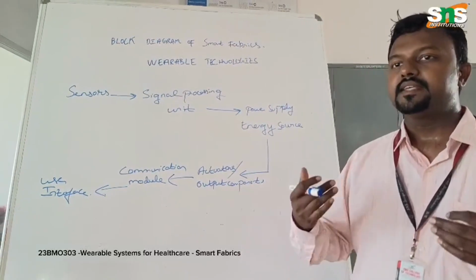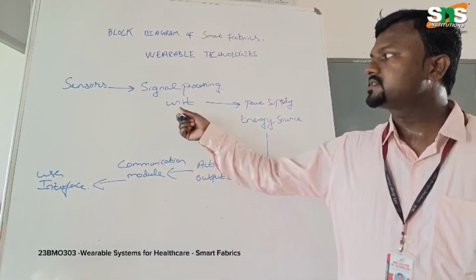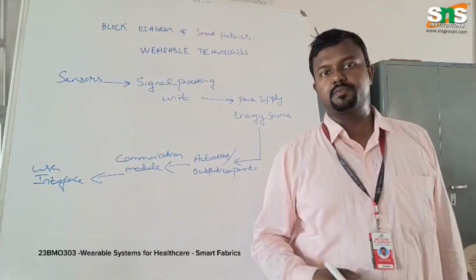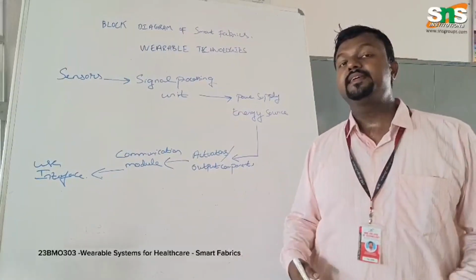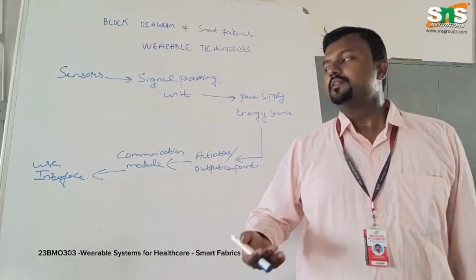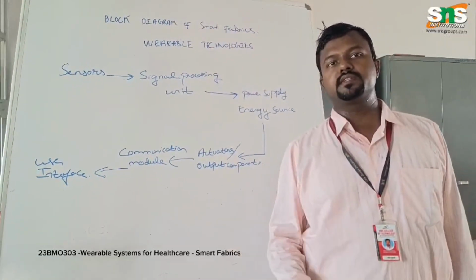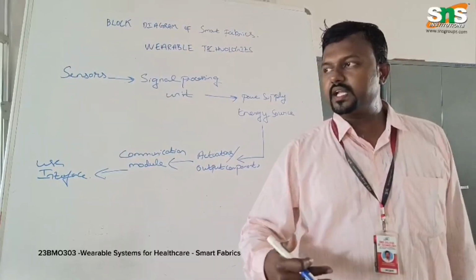Depending upon the sensor count, the signal processor or the signal conditioning circuit has to be analyzed, because when we store these signals in the microcontroller, there may be other environmental signals attached to them. We have to do the filtration process.